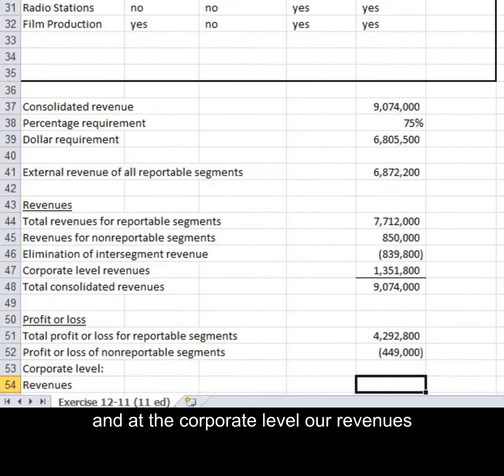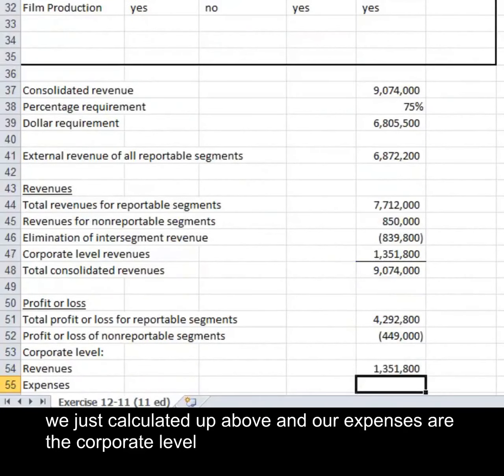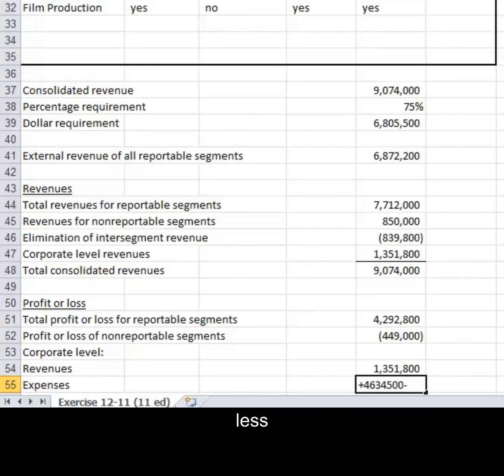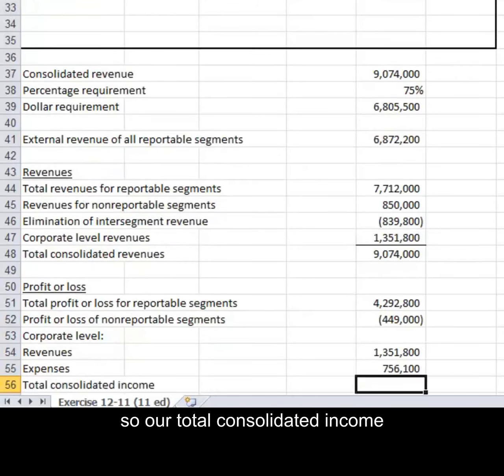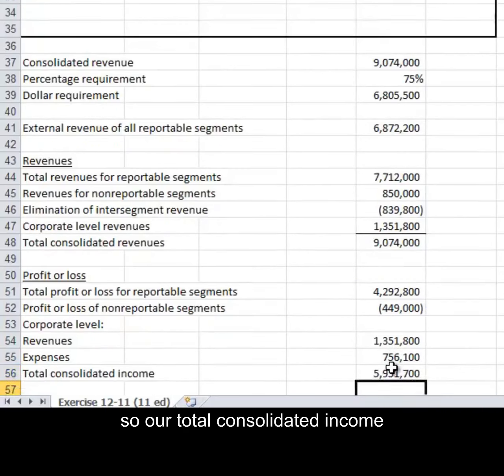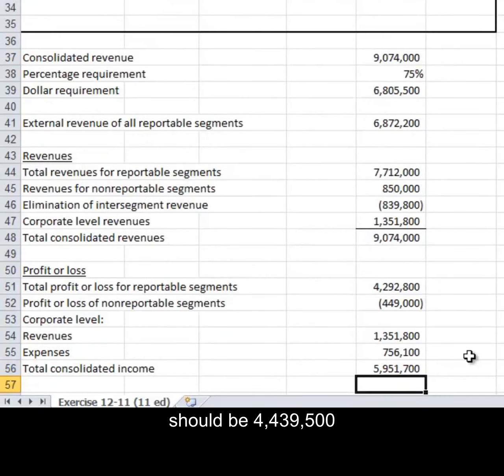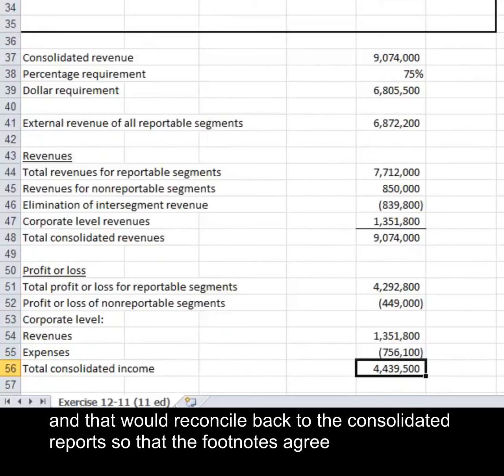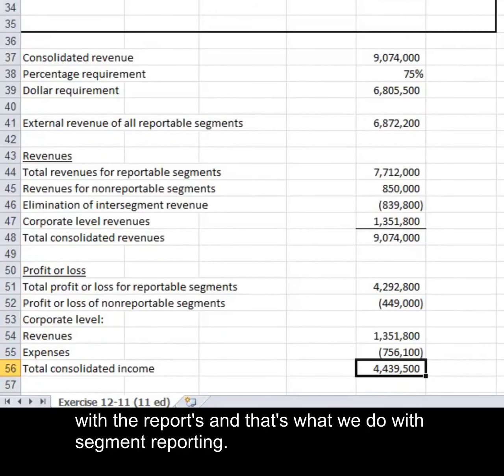And at the corporate level, our revenues, we just calculated up above, and our expenses are the corporate level less the ones that we've reported before. So our total consolidated income should be $4,439,500, and that would reconcile back to the consolidated reports so that the footnotes agree with the reports. And that's what we do with segment reporting.